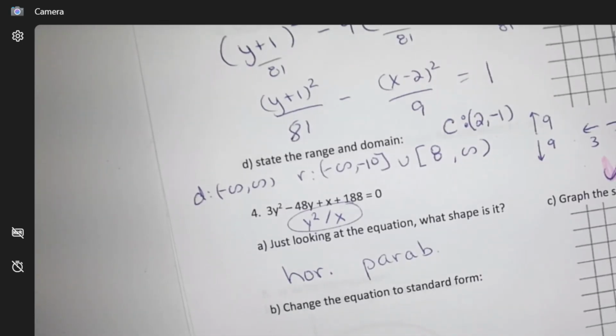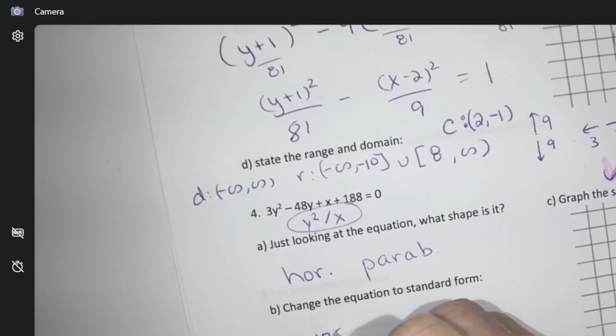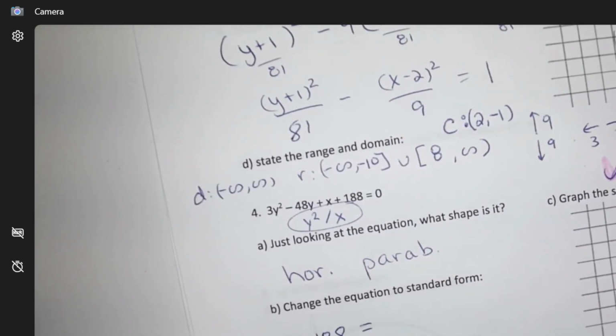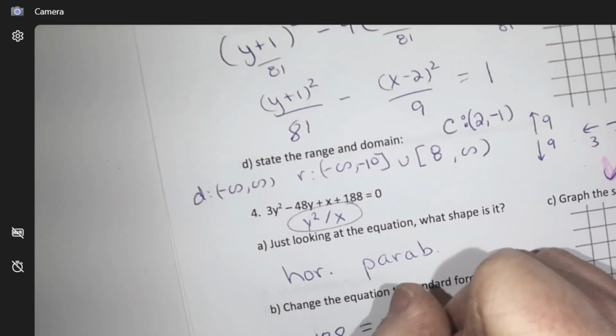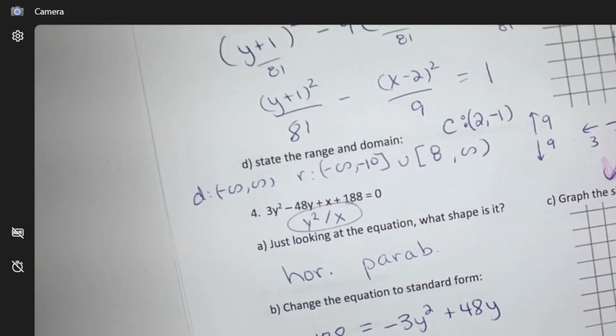Okay, change. So here's what I'm going to do. I'm going to keep that x and the number. I'm going to move the y stuff.